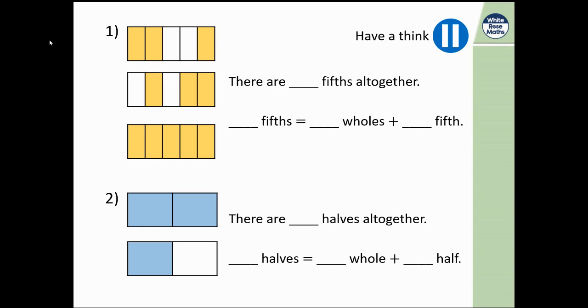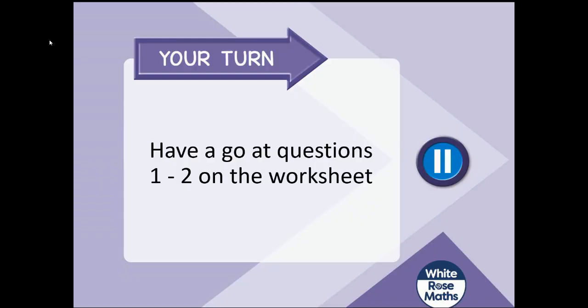I'm hoping at home that you said, yeah, 1 whole and 1 half. Totally right. We can see that there, and it's nice and clear on our bar line of 1 whole and 1 half. So 3 halves is 1 whole and 1 half. There we go. There's our 11 fifths, 2 wholes and 1 fifth, and at the bottom, 3 halves equals 1 whole and 1 half, which is what we said.